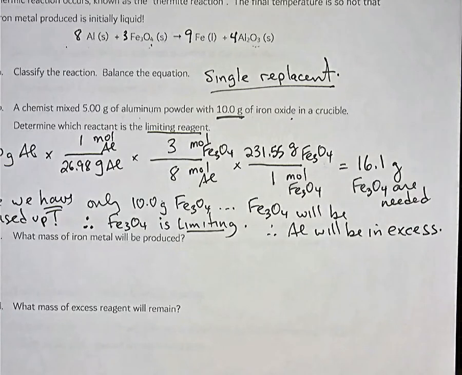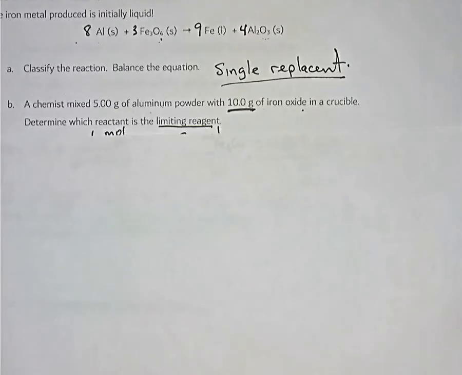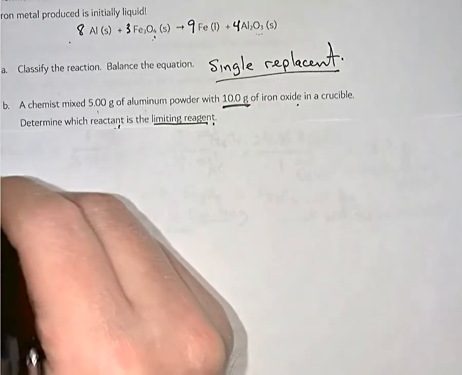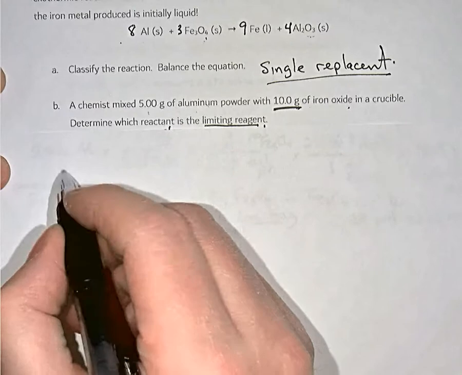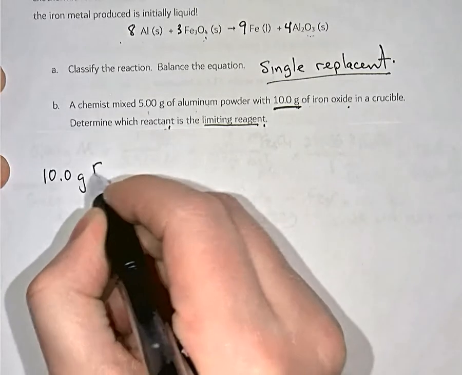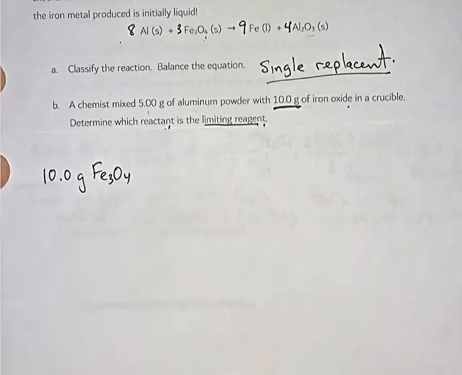Now, I said a moment ago that it didn't matter which reactant you started with. Let me just quickly show you what else you might have done. Suppose instead of saying you have 5 grams of aluminum, suppose somebody said that we have 10 grams of iron oxide. So 10.0 grams of Fe3O4.